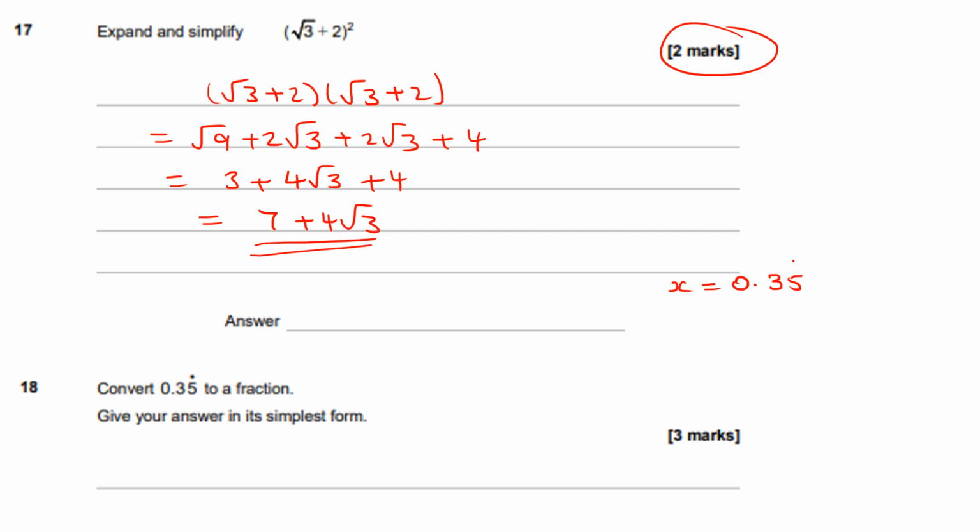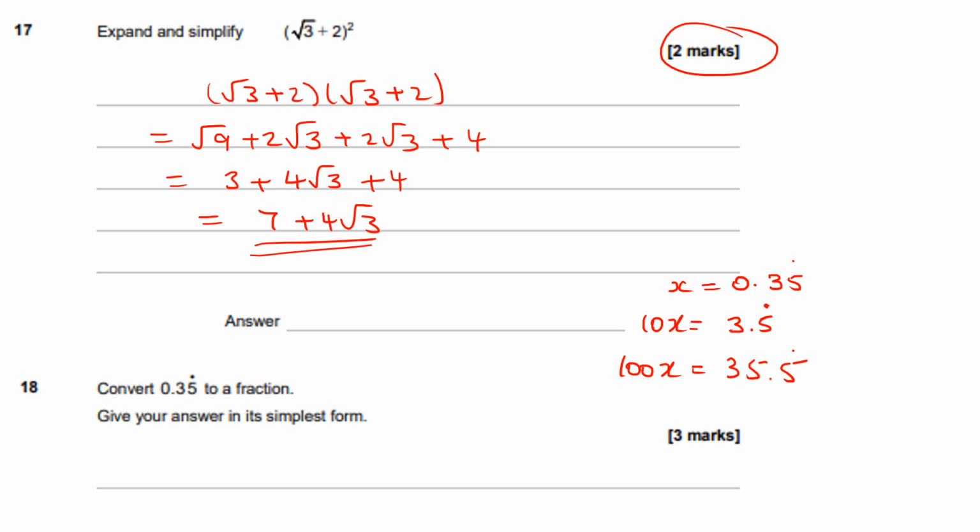So let's have a look at this. If I times this by 10, it's going to be 3.5 recurring. I'm going to have to times it by 10 again, so that's going to give you 100x is equal to 35.5 recurring.